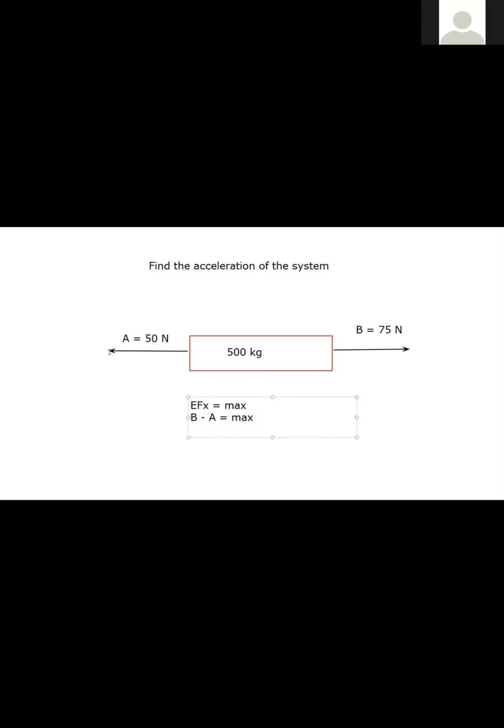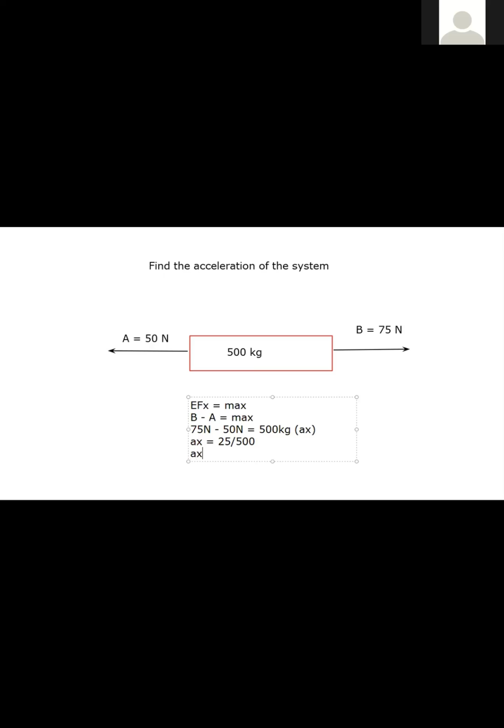Then you'll have 75 newtons minus 50 newtons equals 500 kilograms times AX. AX equals 25 divided by 500, which is 0.04.